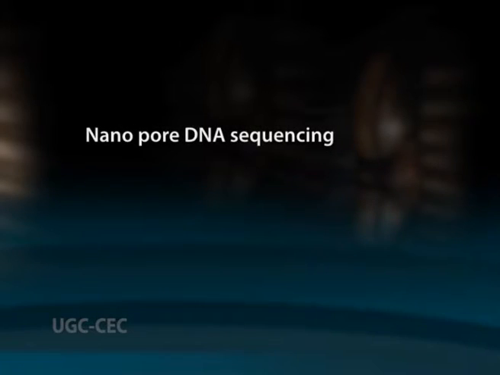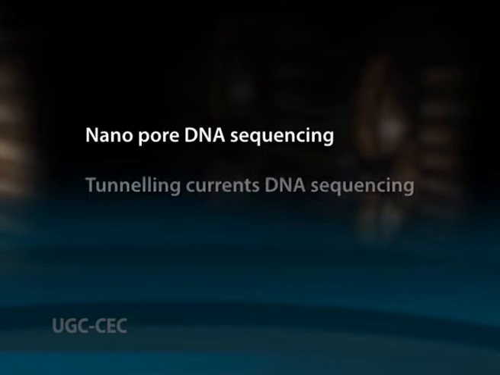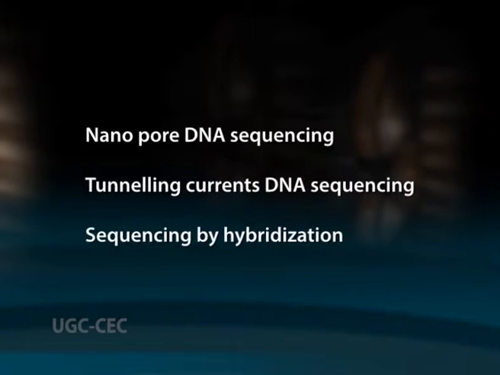The sequencing methods that are in development are nanopore DNA sequencing, tunneling currents DNA sequencing, sequencing by hybridization, etc. In the end, the choice of sequencing technology can totally depend on the specific research question.